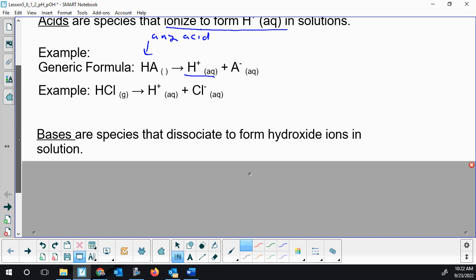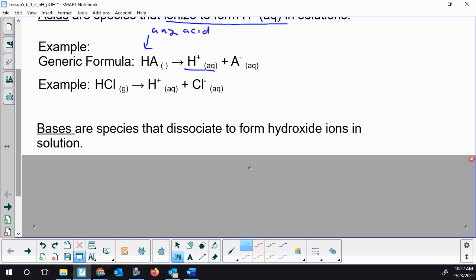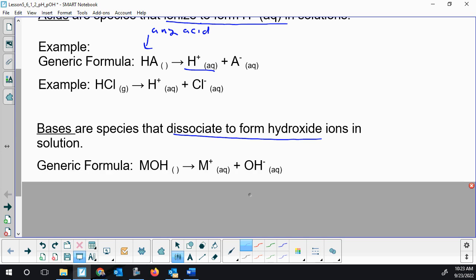Bases, or Arrhenius bases, are those that dissociate to form hydroxide ions in solution. All Arrhenius bases are going to produce hydroxide. Now, all of our strong bases are going to be a metal plus hydroxide in an ionic compound.